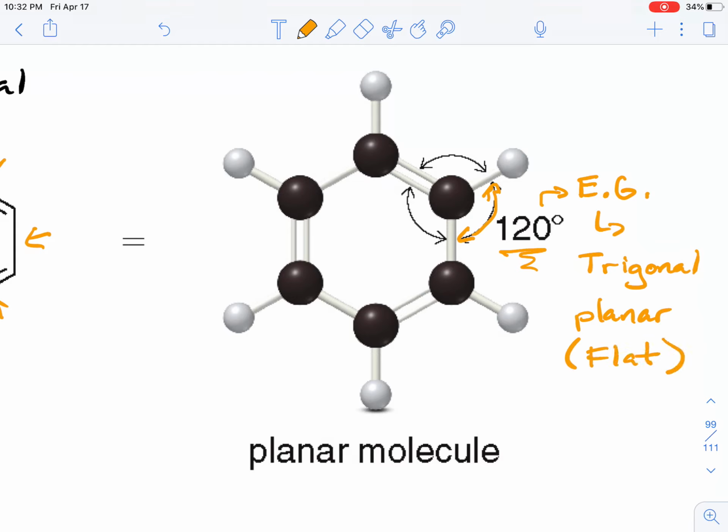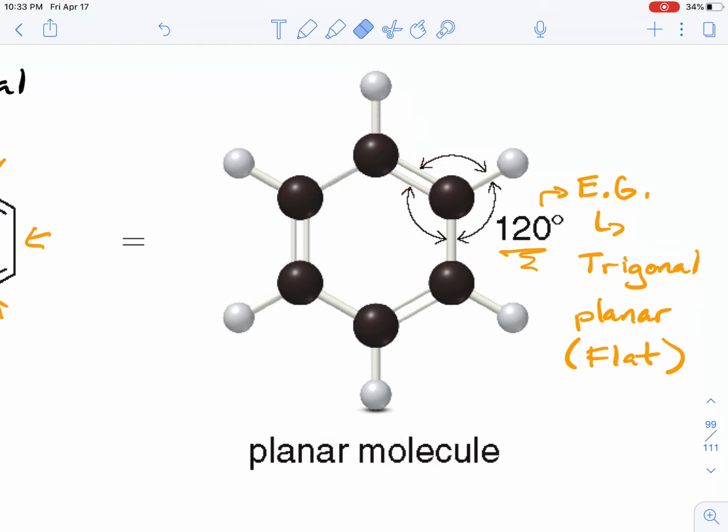So how do I know this molecule is trigonal planar? Well, I have 1, 2, 3 groups of electrons surrounding the central atom, right? So that's from general chemistry. Now, if you look here, I have 1, 2, 3 groups of electrons surrounding this carbon. So this carbon is also trigonal planar.